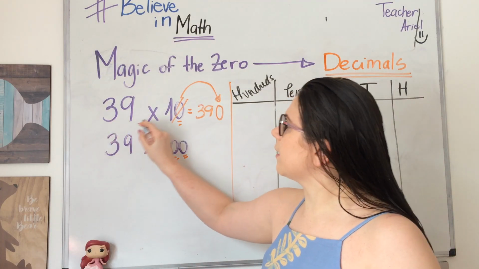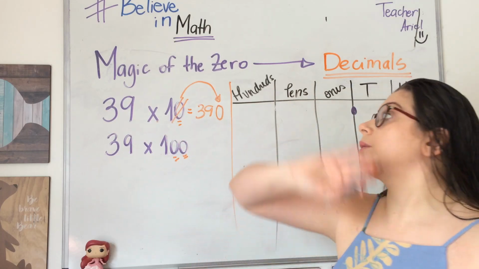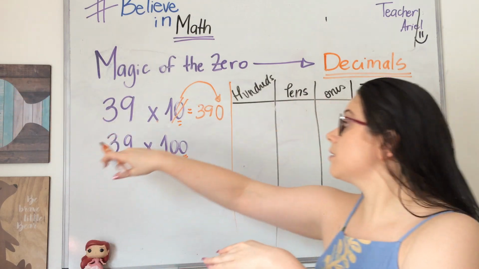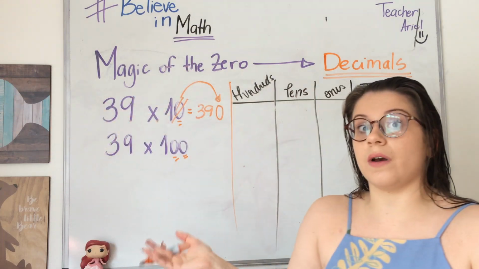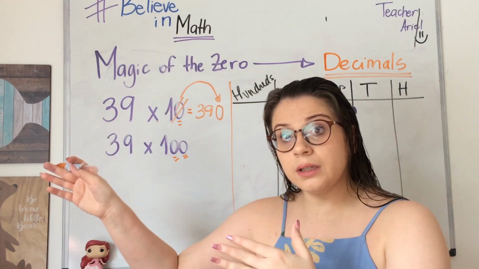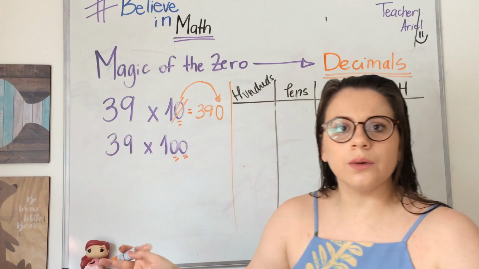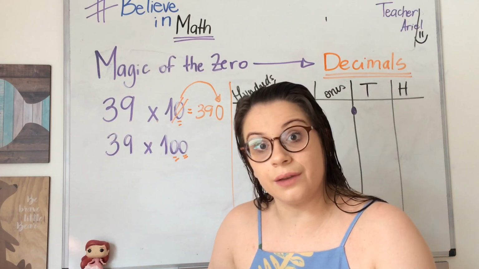So 39 times 10 would be 390. I simply threw the zero and worked with the other factors. This is what the magic of the zero is: throwing the zeros to the other side of the multiplication sentence and working with what you have left.